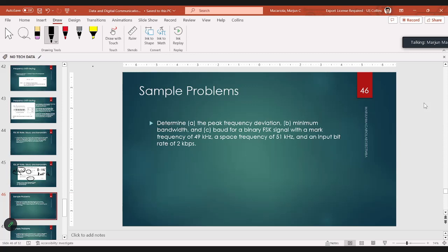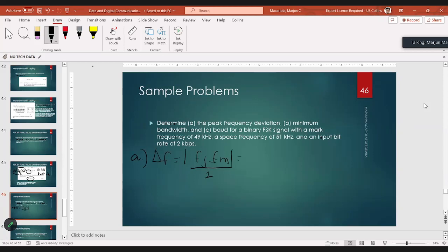So again, you are asked to compute for the peak frequency deviation, which is delta F equal to the absolute value of Fs minus Fm over 2. So substitute lang natin yung value. So that is 49 kilohertz, minus 51 kilohertz, over 2.